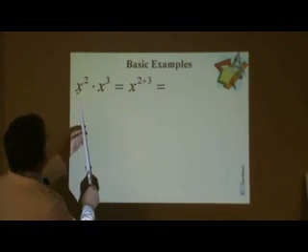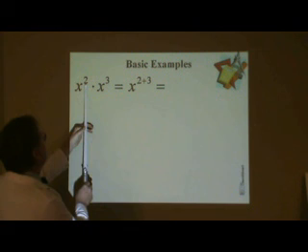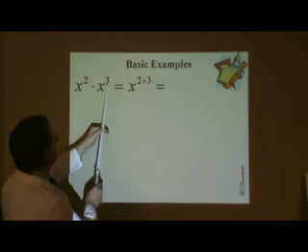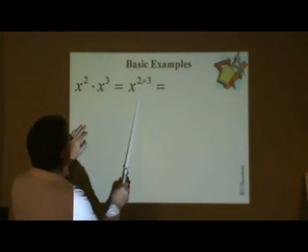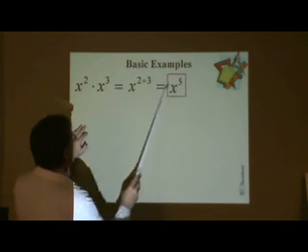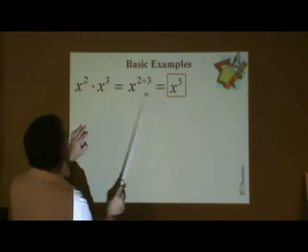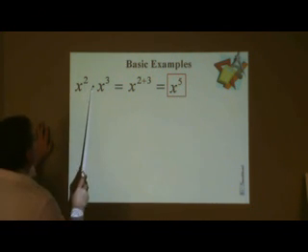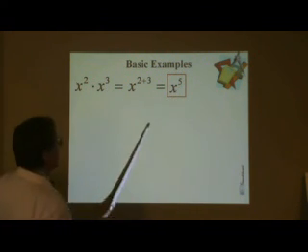Notice I have x and x, they're the same thing, and then think of this as the n that we talked about earlier, and this is the m that we talked about earlier. So we're taking m plus n, adding them together, and our final result is x to the fifth power. 2 plus 3 is 5. So x to the second power multiplied by x to the third power is actually x to the fifth power.